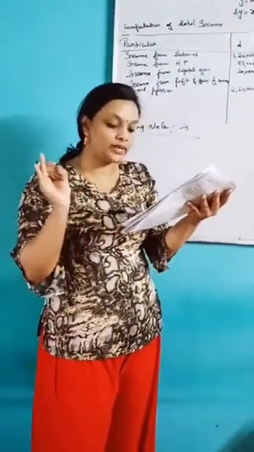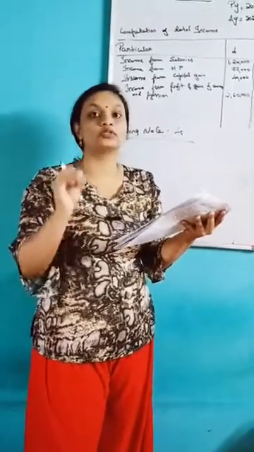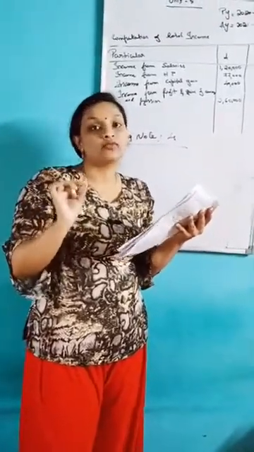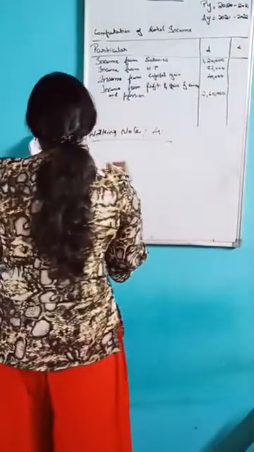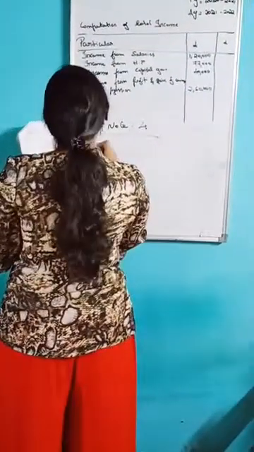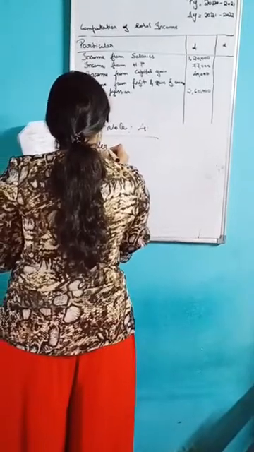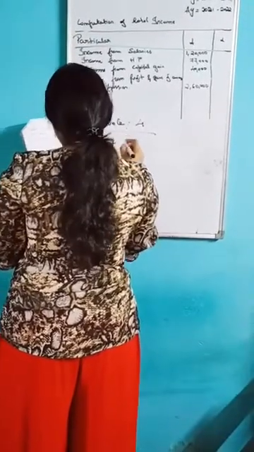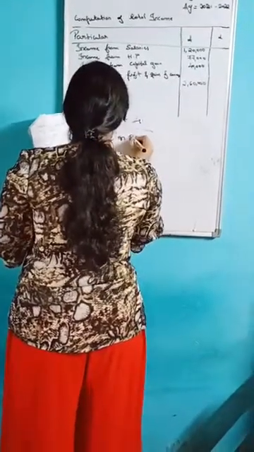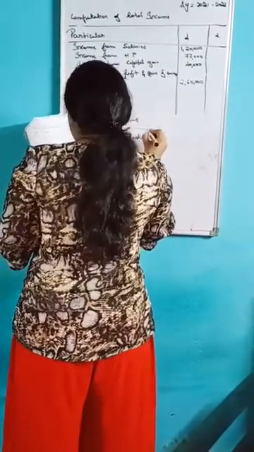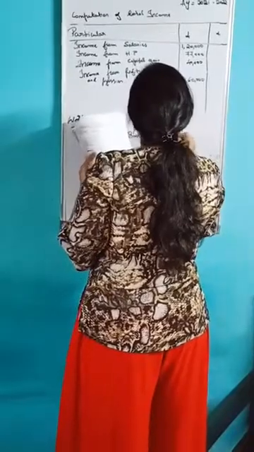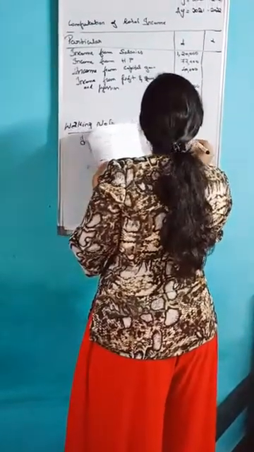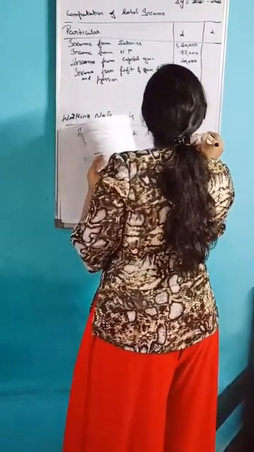Interest on government securities is 16,000. So this comes under income from other sources. So write here interest on bank deposit, that is 14,000.